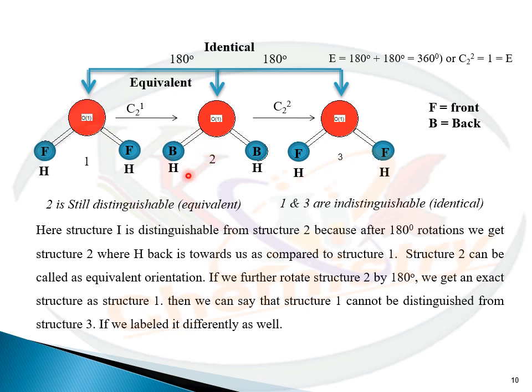Why equivalent? Because here are two hydrogens and here are also two hydrogens, so hydrogen and hydrogen, oxygen and oxygen are equivalent. But if we rotate this orientation a second time by 180 degrees, we get another orientation where the front of both hydrogens is towards us. Now you can compare structure 1 and the third one.